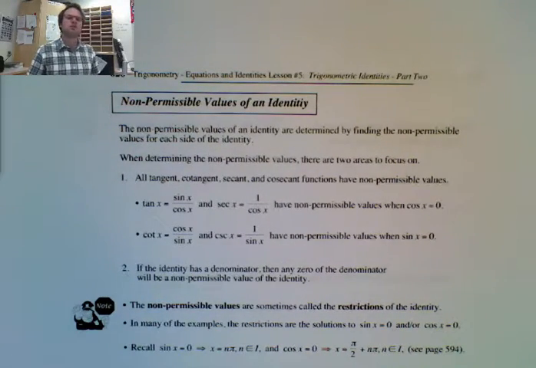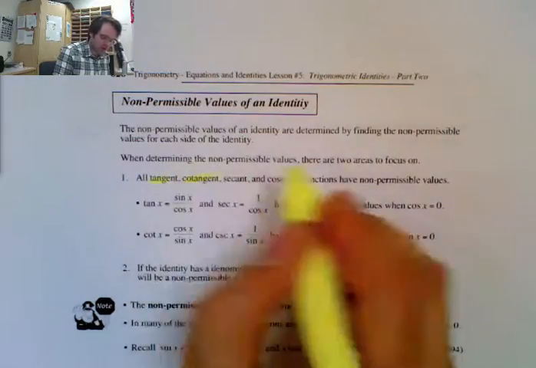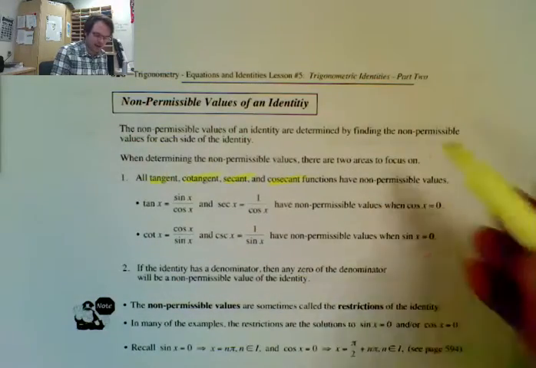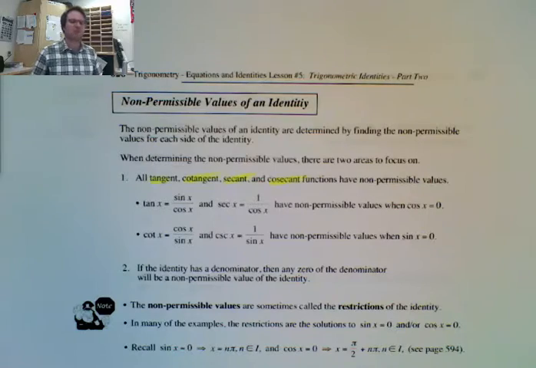Just to start off, what is a non-permissible value? Because that becomes very important with these. A non-permissible value is when we're pretty much dividing by zero. Trigonometric identities involving tangent, cotangent, secant, and cosecant will all have non-permissible values because we get something over sine or cosine, and the denominator can't equal 0.